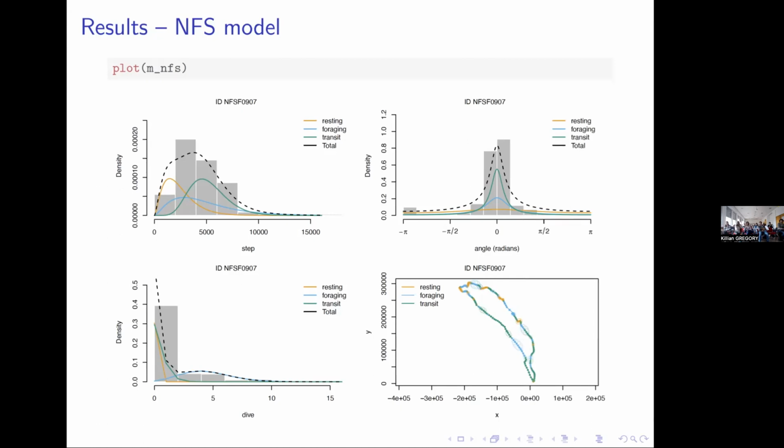But you can have some of these imputed tracks that go all the way out here and come back, crazy stuff like that, and then it will be traveling unless you have other information in there. It's going to think it's going about the same speed through that. And if that speed lines up with one of the states, it is likely to assign it to that state. But yeah, this isn't exact. This is a way of approximating that. If you want to really do it exactly, you would need to do a single stage model.